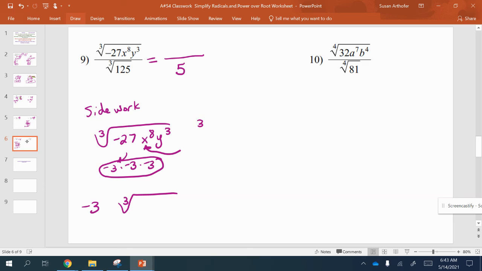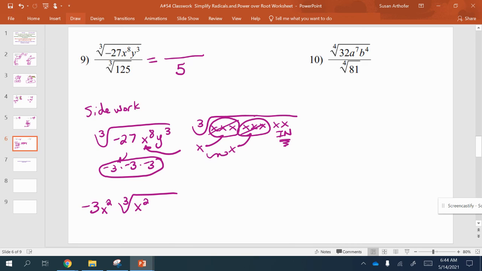As for the x to the 8th, you can draw those out. Take sets of 3 to get out, right? So there's 6, 7, 8. So out, and these would be in. So I got 2 x's that came out, so x squared's out. And then there's still 2 in, so x squared is in. Remember, when these come out, they come out as just a plain x.